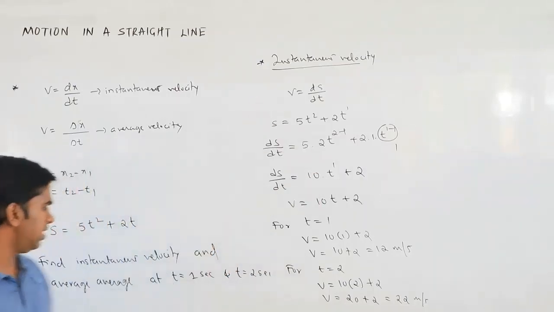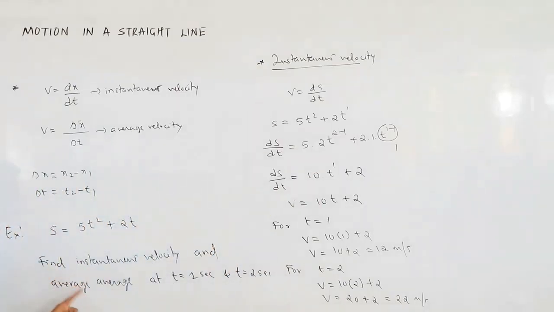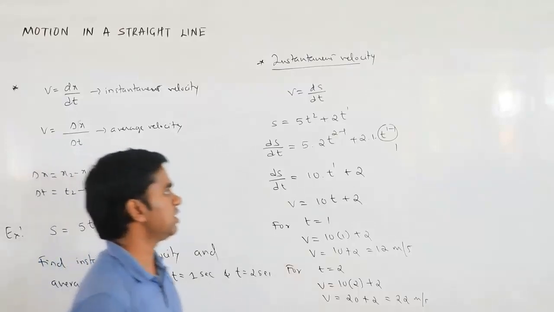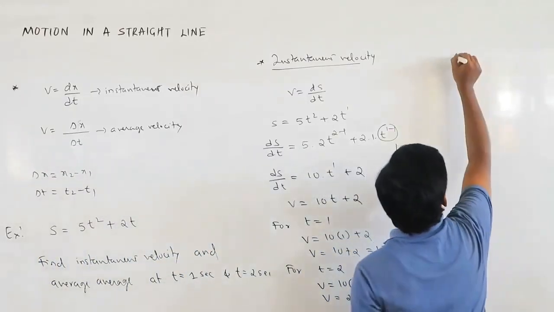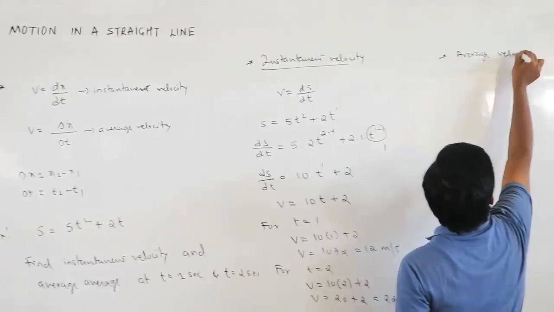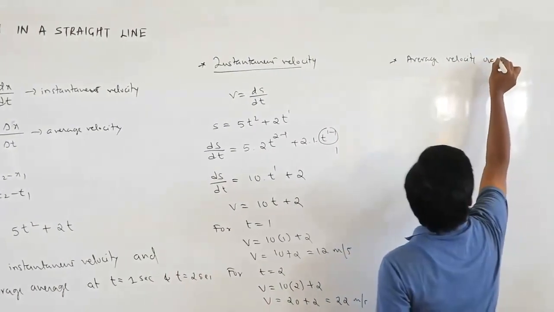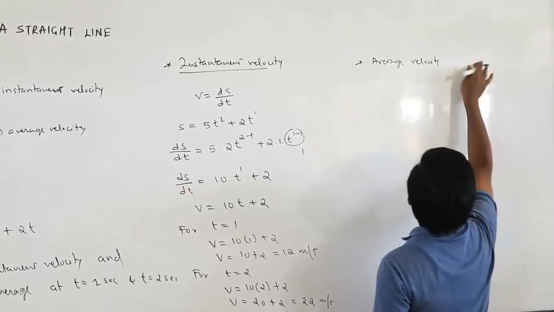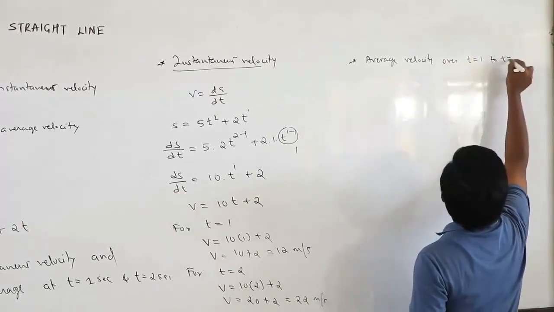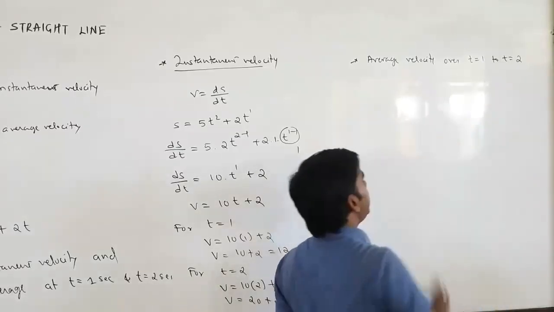Next, what are they asking? They are asking for average velocity, that is the velocity over t equals 1 to 2 seconds. See how we can calculate this.